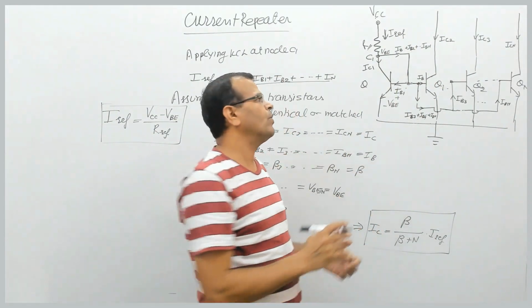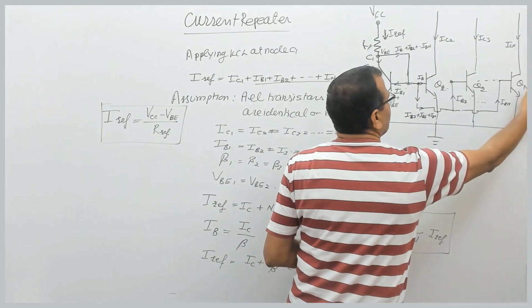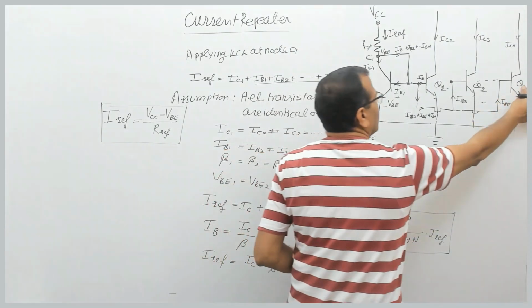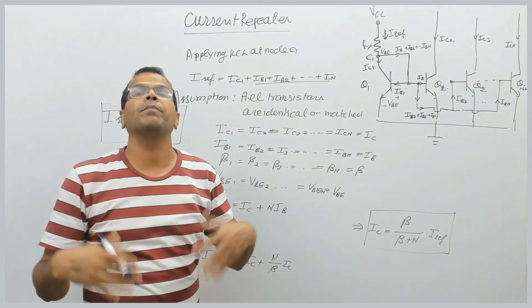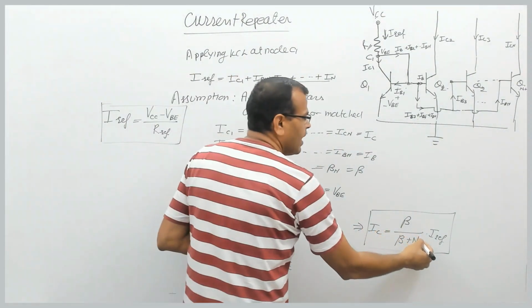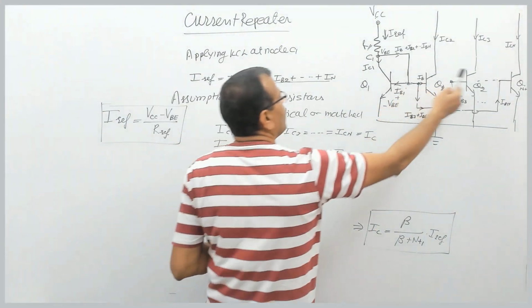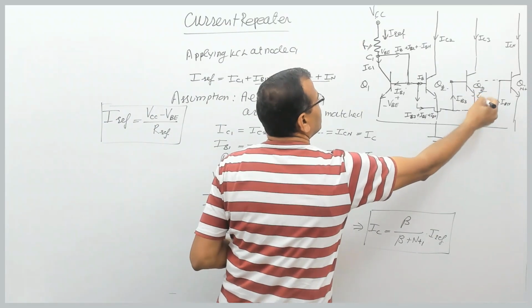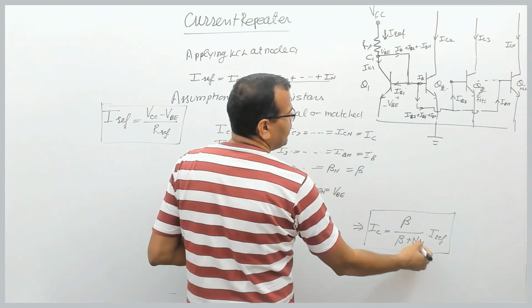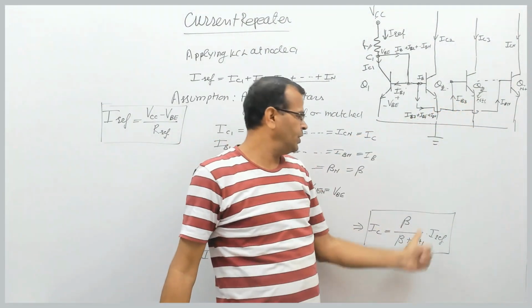Or you can say if it is Q1, Q2, Q3 and Qn plus 1, the last transistor Qn plus 1, it means the number of transistors is n plus 1. So simply replace it by n plus 1. Suppose you have 3 transistors, 3 means n plus 1. So what is n? 2. So it will be simply 3 here. N plus 1 will be 3 here.